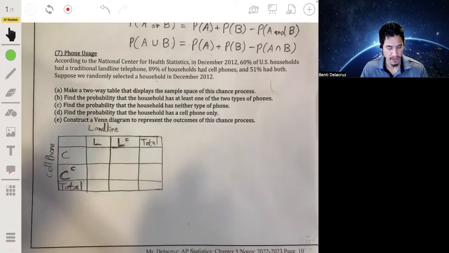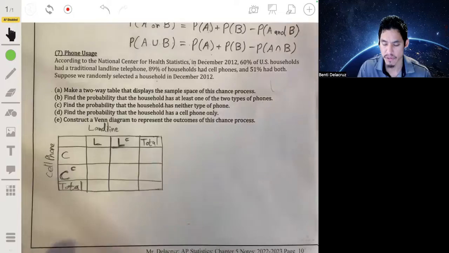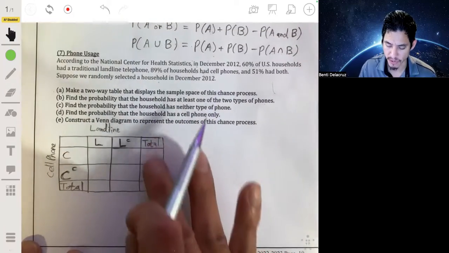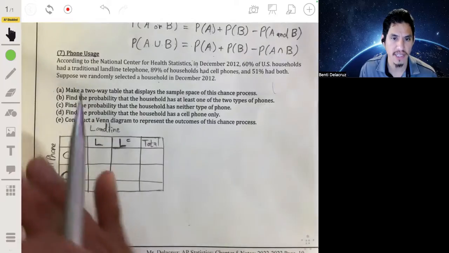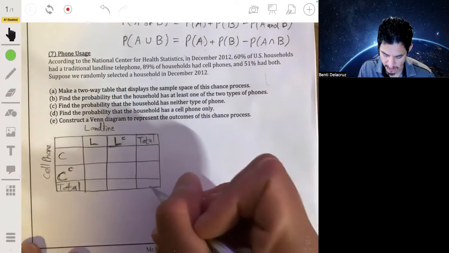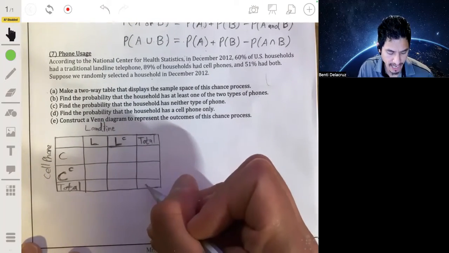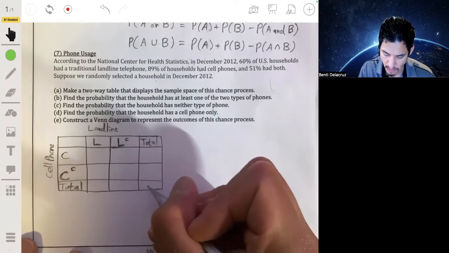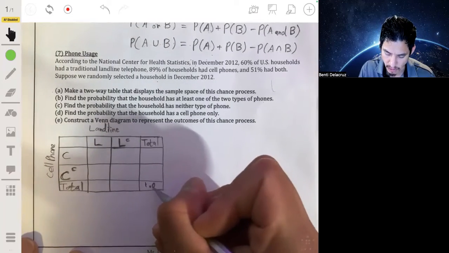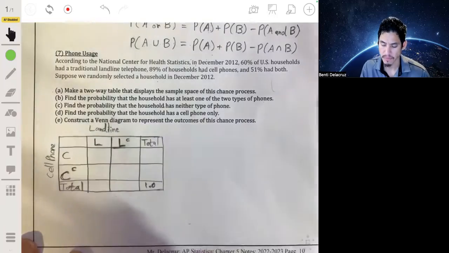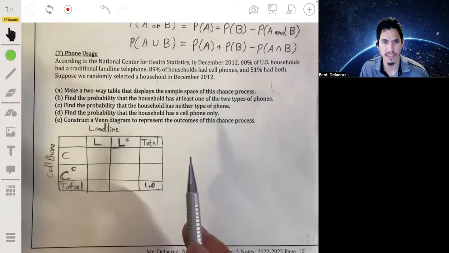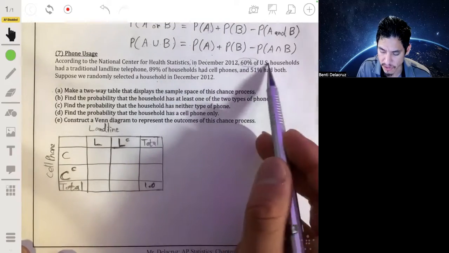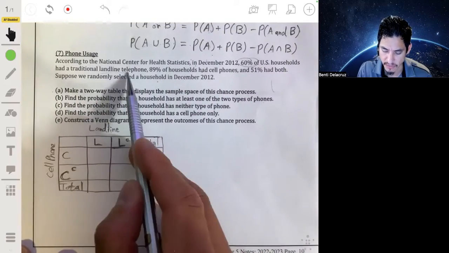Now we just match up the corresponding percentages in the correct locations. And again, I advise working from the totals to the inside, because if we're talking about percentages, we know it has to add up to 100%. I'm going to write it as a decimal, so it has to add up to 1.0, right? Otherwise, it wouldn't make sense. Now it says that 60% of the US households had a traditional landline telephone.